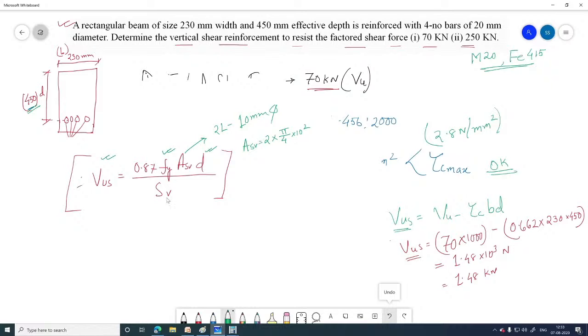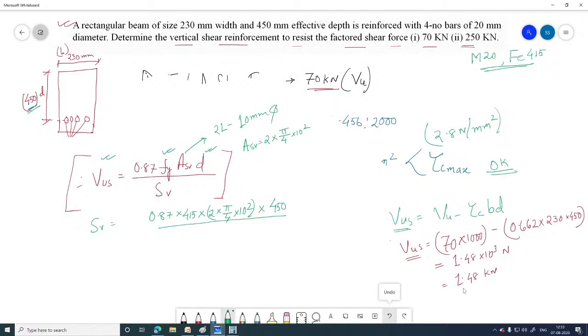So apart from this SV value, we know all the values, right? So let's determine the value of SV. So SV will be 0.87 into Fy is 415, ASV that is 2 leg stirrup, that is 2 into pi by 4 into 10 square, and into d is 450 and divided by VUS.